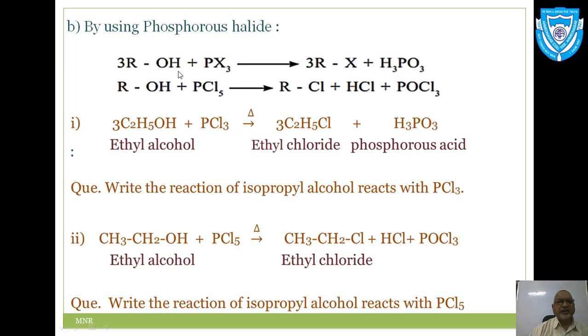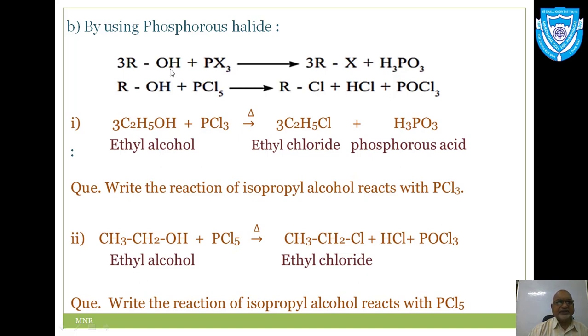Here if you take an alcohol and treat it with phosphorus trichloride, PX3, you will get alkyl halide and H3PO3. H3PO3 is nothing but phosphorous acid. Secondly, if you take an alcohol and treat it with PCl5, we get RCl, that is alkyl chloride, HCl and POCl3.